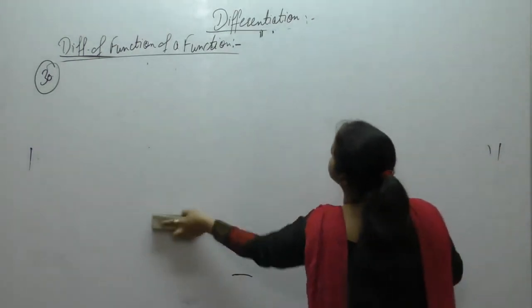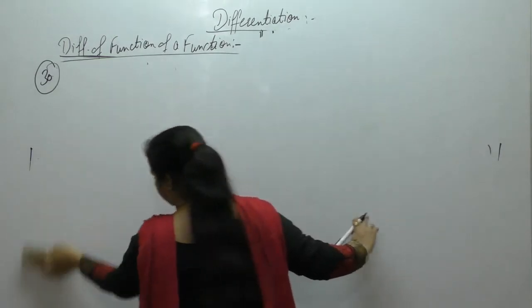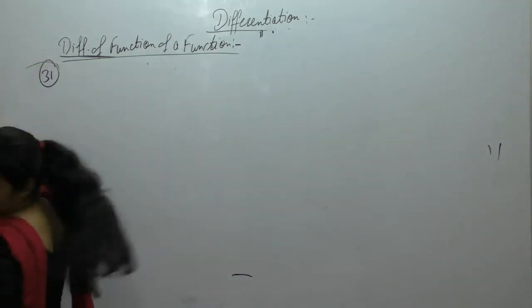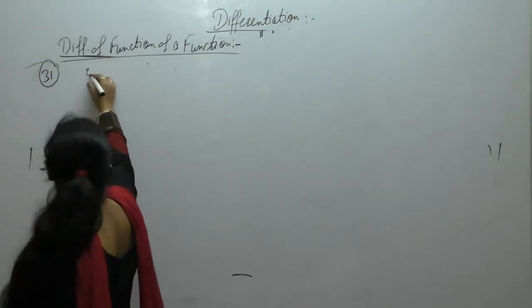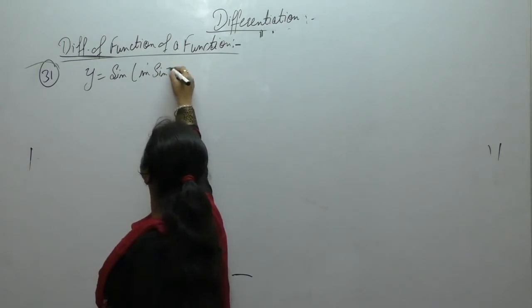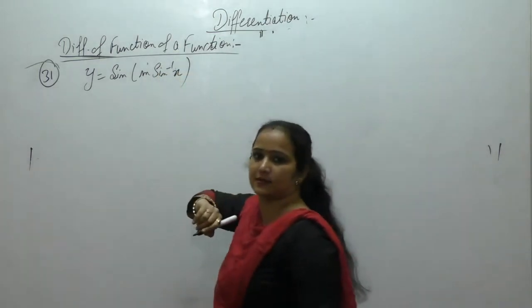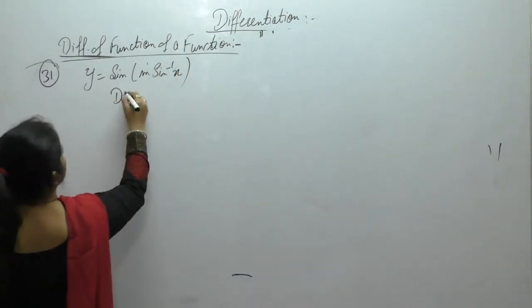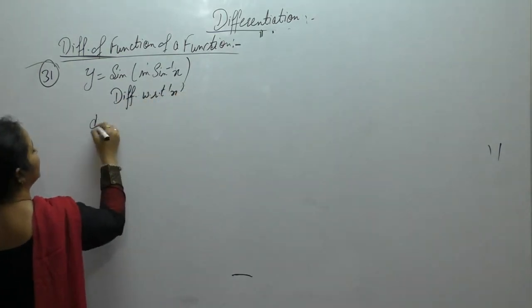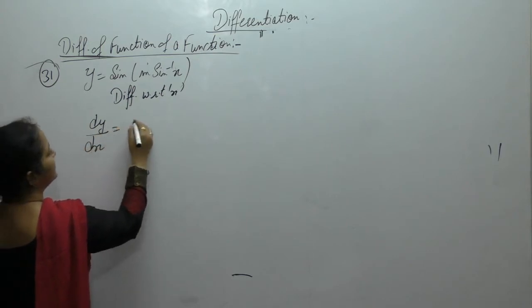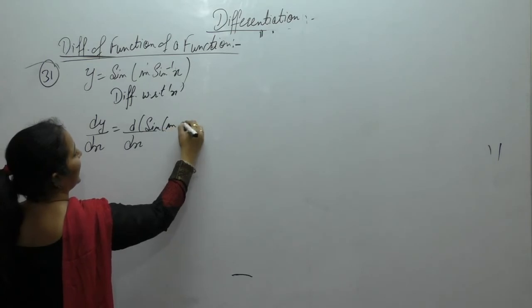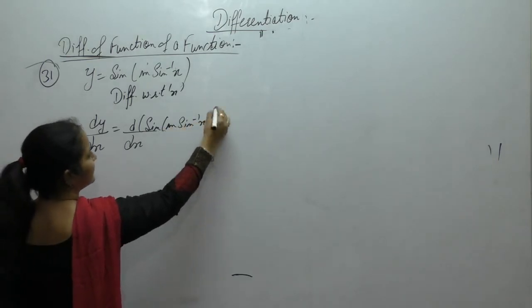Now the next one, y is equal to sin(m sin⁻¹x). Differentiate with respect to x, dy/dx, derivative of sin of m sin⁻¹x.